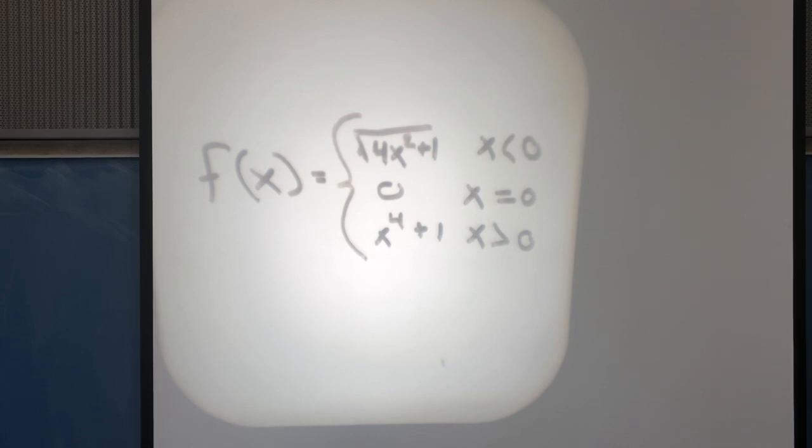First, we have to see if f of 0 is in the domain, and here we see that y is 0 at x equals 0. So it's in the domain. The next step is to set the limit of f of x as x approaches 0 from the left side equal to f of 0.